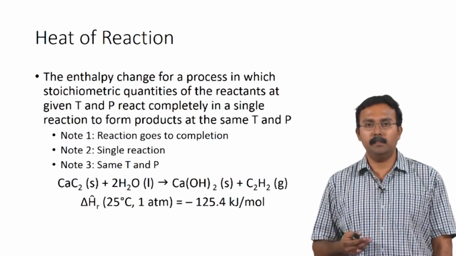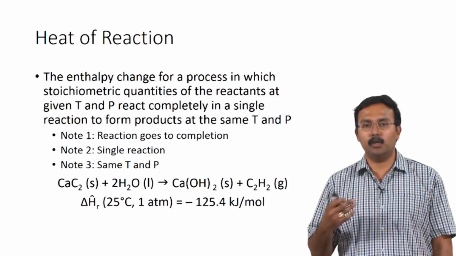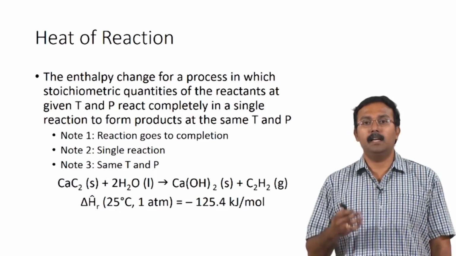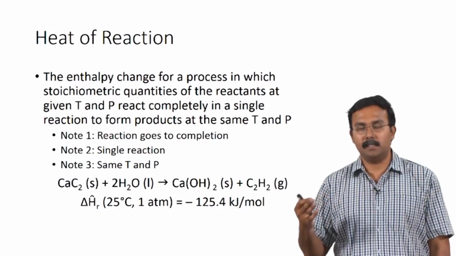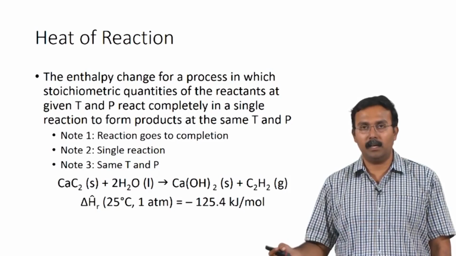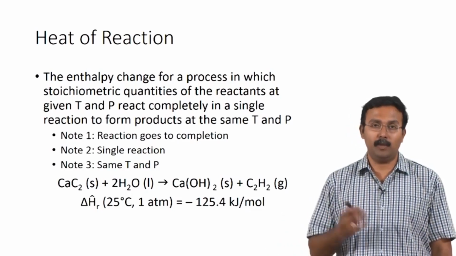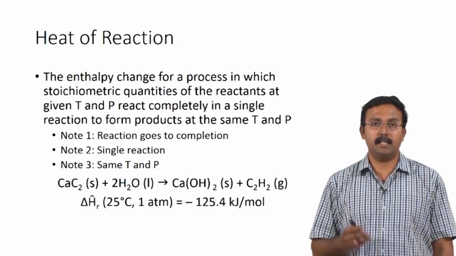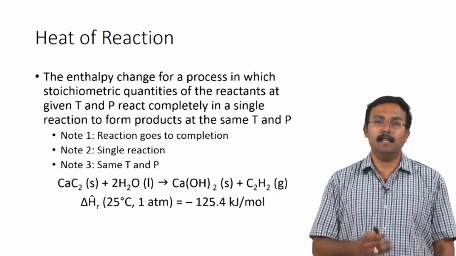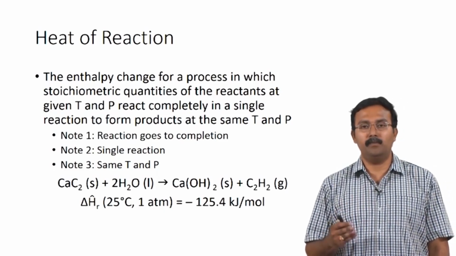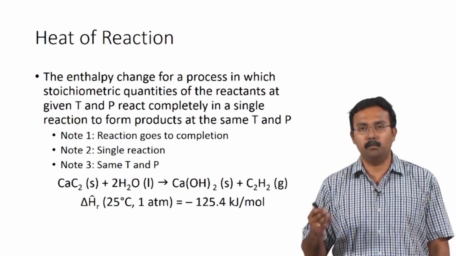So, what this means is when this reaction goes to completion, and this is the only reaction which is happening, and if the reactants and the products are at the same temperature and pressure before and after the reaction, and if that temperature is 25 degrees Celsius and the pressure is at 1 atmosphere, then the heat of reaction you have is minus 125.4 kilojoules per mole.